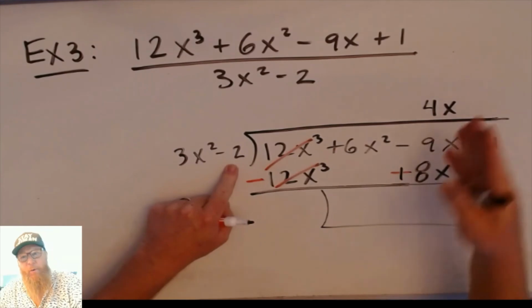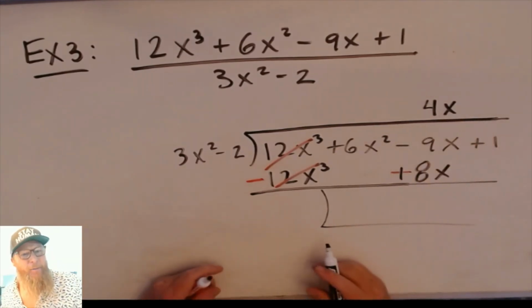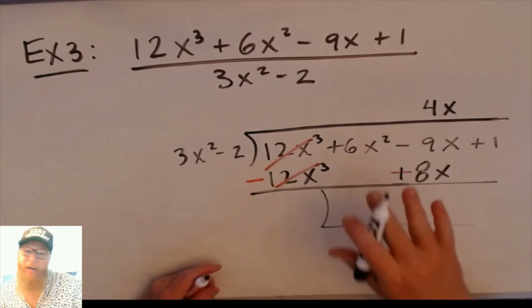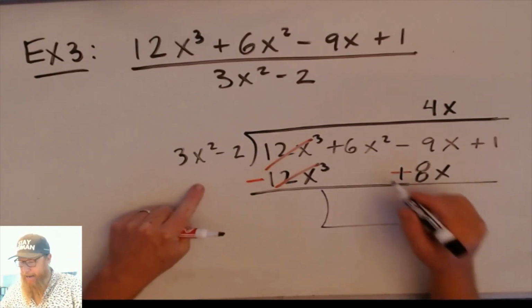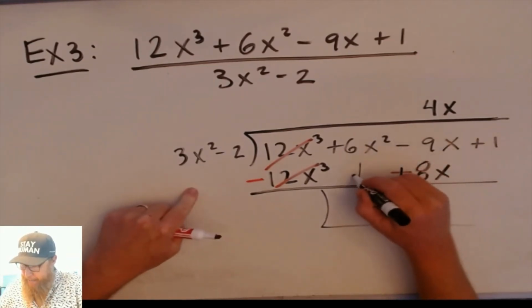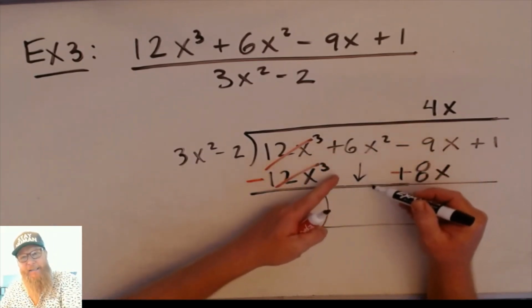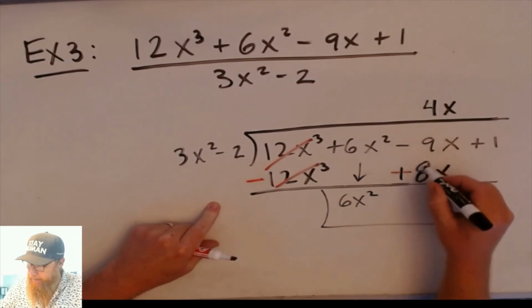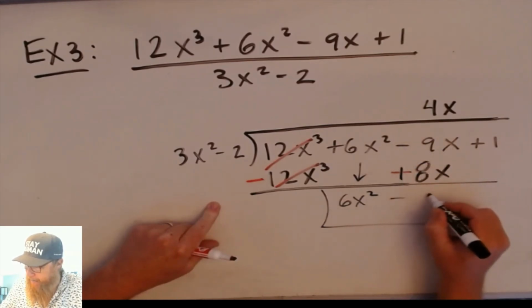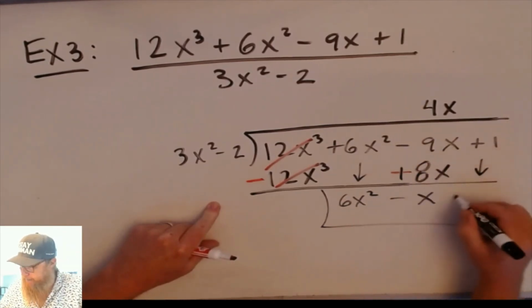That's how important the columns are. All right? Had I just kept on going and driving, I would have driven right off the cliff. So now when I combine these, I'm essentially adding 6x squared to nothing. So that's 6x squared. And then that's negative 1x, or just negative x, and then bring down the 1.